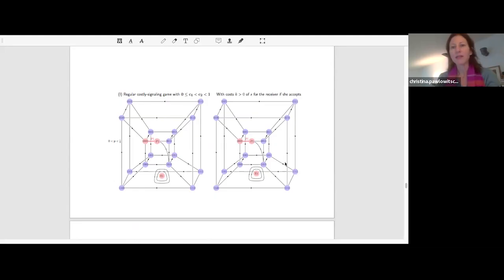What we do here is we also look at the case that player 2 has to pay a cost when he accepts a player 1 that has produced the signal. And this is something that can have applications in the economics of platforms, for example, where if you accept someone, you have to pay a cost, a commission.